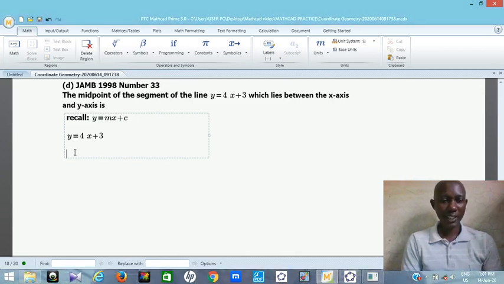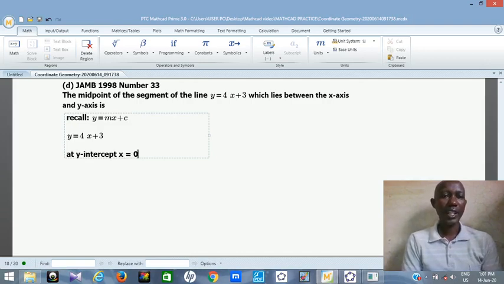I said at the y-intercept, x is equal to 0. So in this equation, we already know that c is the y-intercept. So at the y-intercept, x is 0.